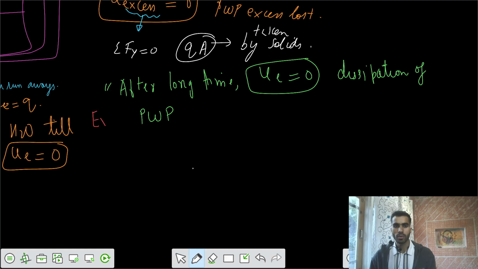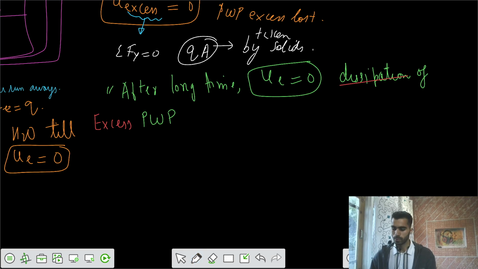Dissipation means the relieving of the pore water of that amount of stress called excess pore water pressure. So, dissipation of excess pore water pressure.